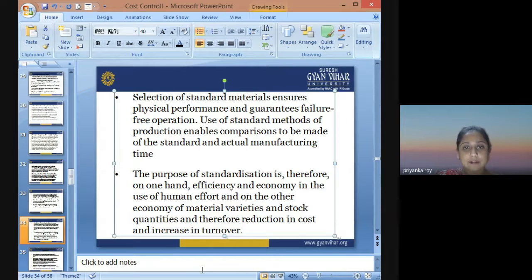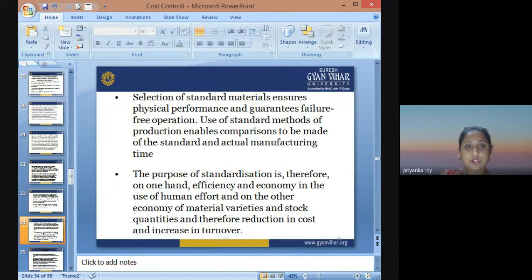Use of standard methods of production enables comparison to be made between standard and actual manufacturing times. The purpose of standardization is therefore, on one hand, efficiency and economy in the use of human effort, and on the other hand, economy of material varieties and stock quantities, therefore reducing the cost and increasing the turnover.